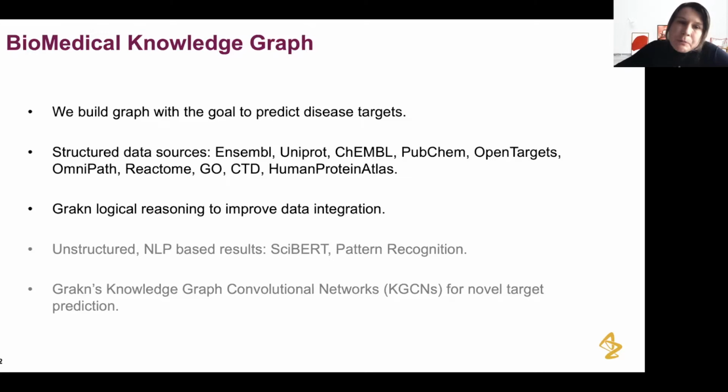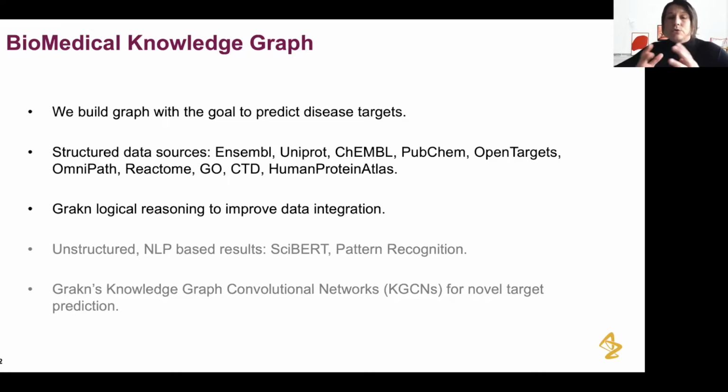When we are building any biomedical or drug discovery graphs, we are usually talking about two types of data sources. Kim, Konrad, and Tomás mentioned these data sources already. We divide them into two big groups, structured and unstructured.